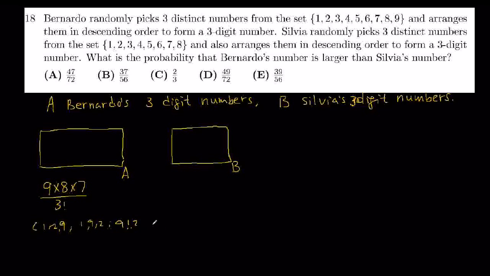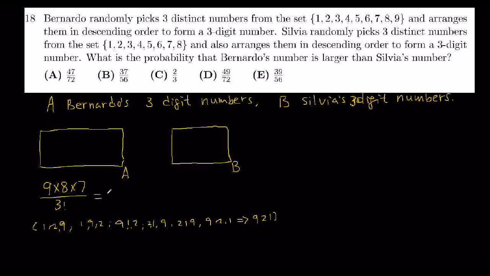Those 6 combinations, 1 2 9, 2 9 1, 2 1 9 and 9 2 1, all give the same number, 921. So that's why I divide by 6 here.